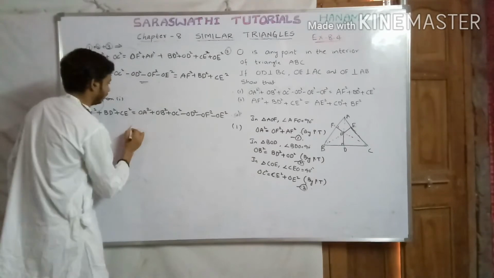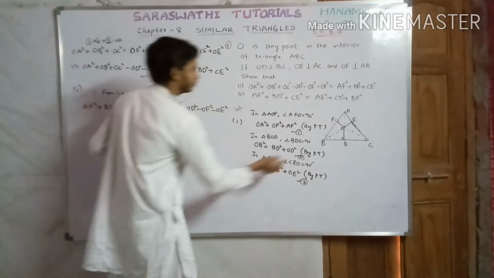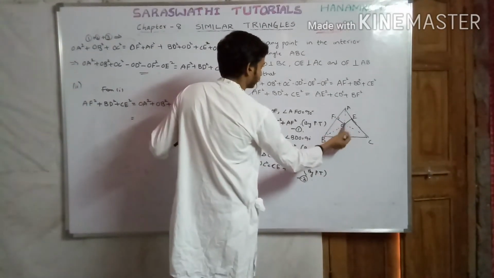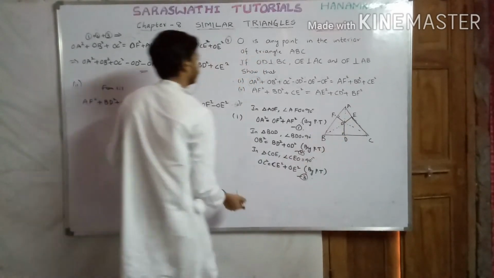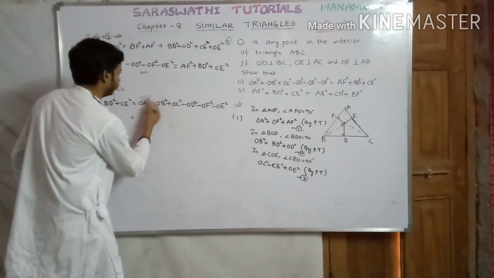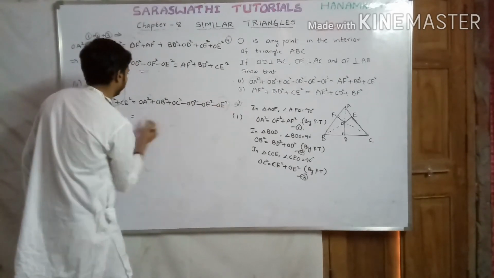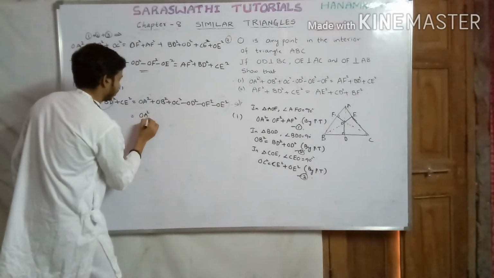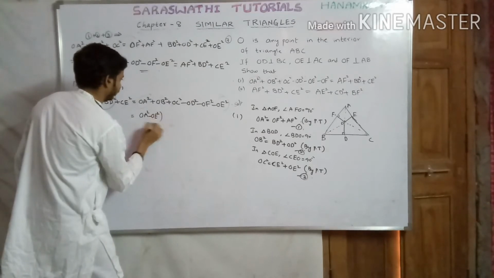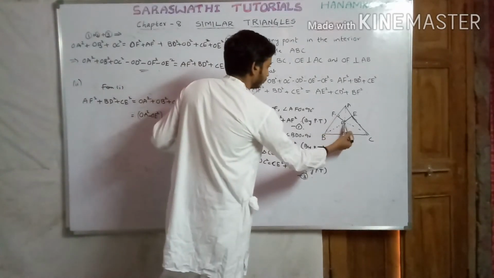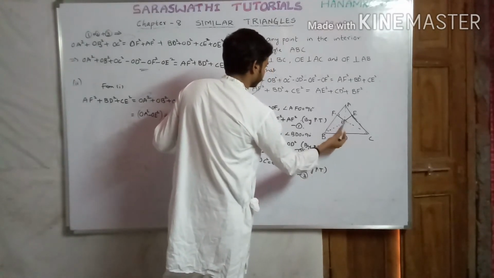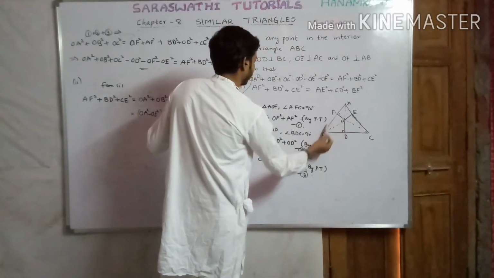Okay, so if we consider, from the figure, OA square minus OE square, it can be written as AE square. Again, OB square minus OF square can be written as BF square.